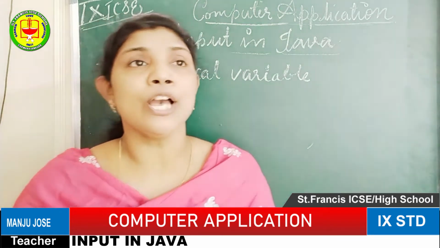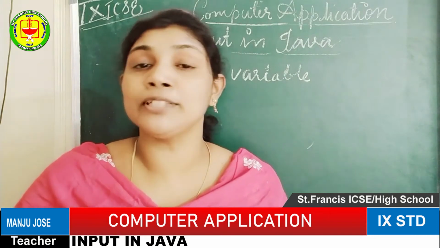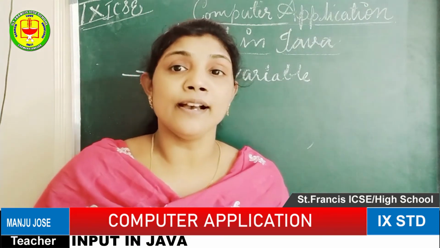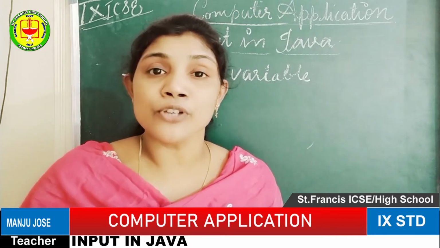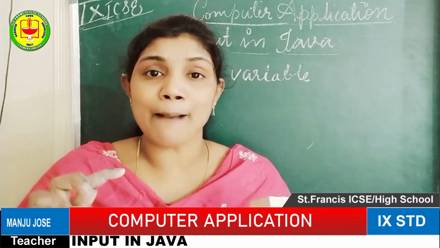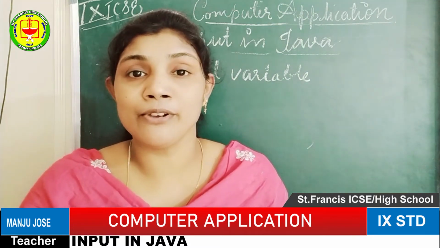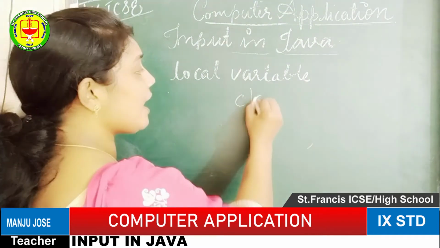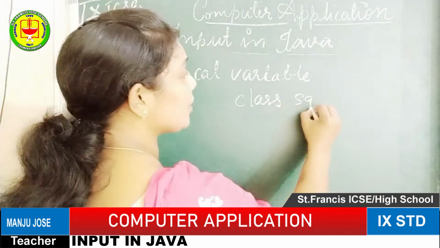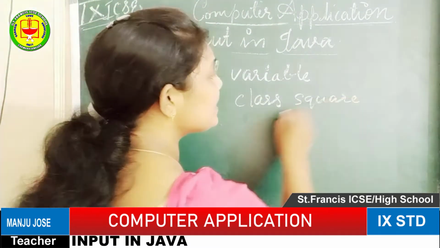We already know when we explained classes and objects, what is meant by data members and member functions. This local variable completely belongs to the member function. So how will the member function work? Here we have given class square. This is the name of the class.